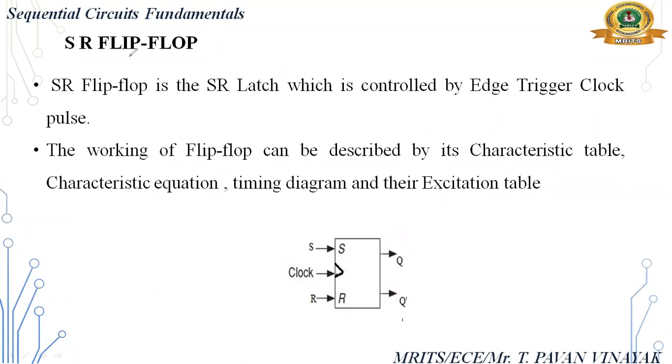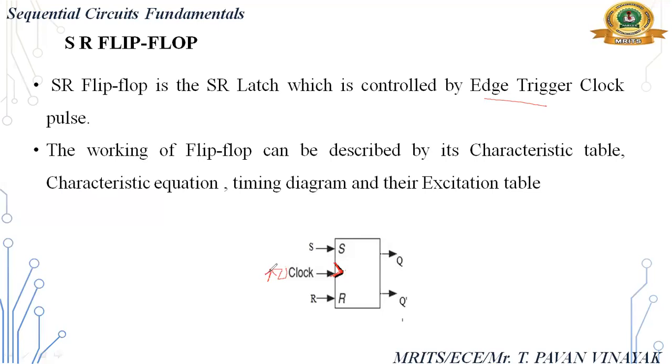Whenever we use an edge triggering clock signal, we put a clock symbol here like this. If you use edge triggering for the clock, we show the symbol with an arrow mark.